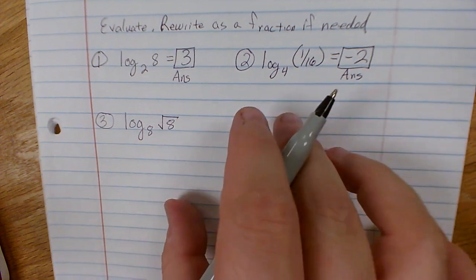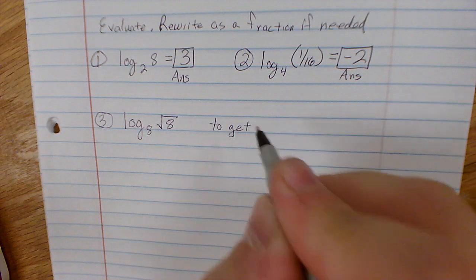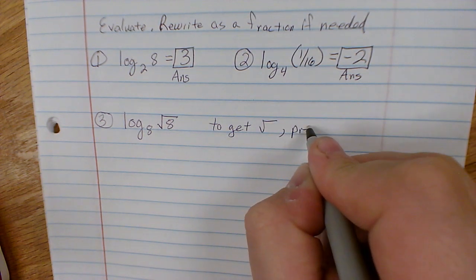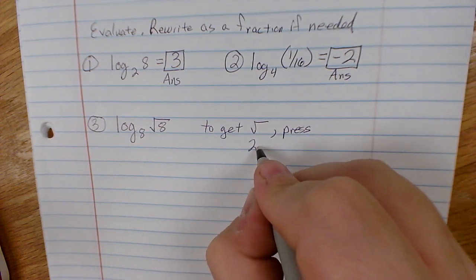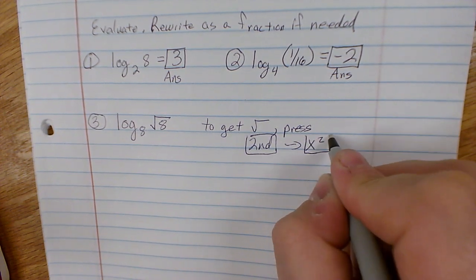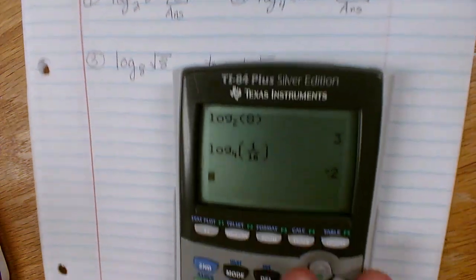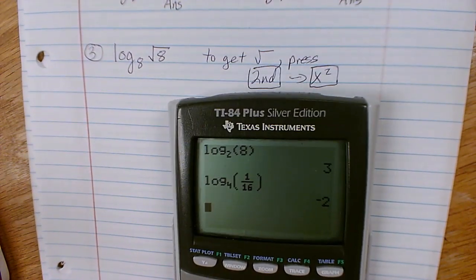To get the square root, press second and then the x squared button. If you already knew this, I would not expect you to write it down, but if you need it, the work is on this video if you pause it.